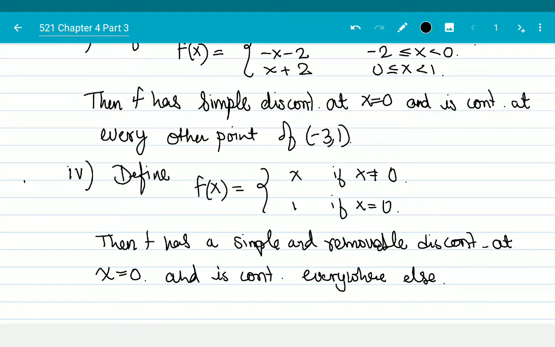Because if I redefine f of 0 to be 0, then my function would be continuous even at 0. That's why it's a removable discontinuity. I can just redefine my function to get the correct value.